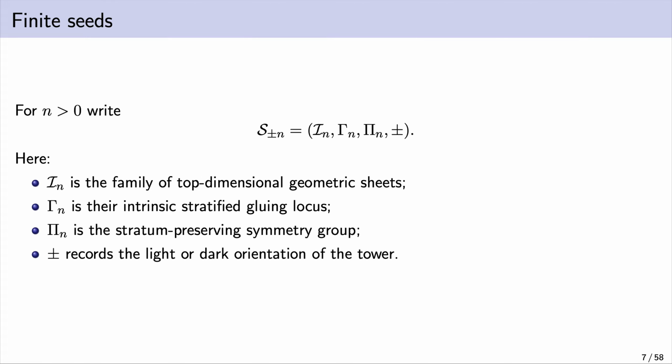Pi n is the stratum-preserving symmetry group, which will all become more profinite type objects. So for pi of n, it'd become a sort of profinite group. Plus or minus records the light or dark orientation of the tower.